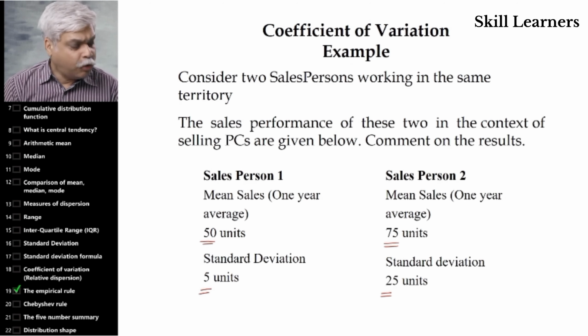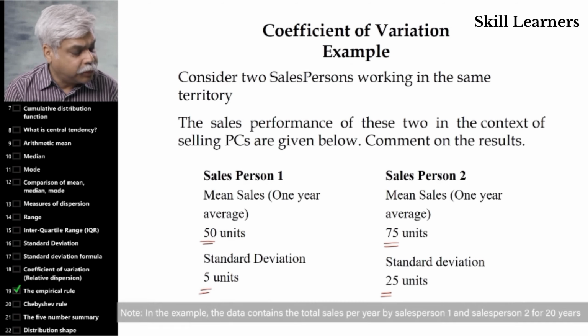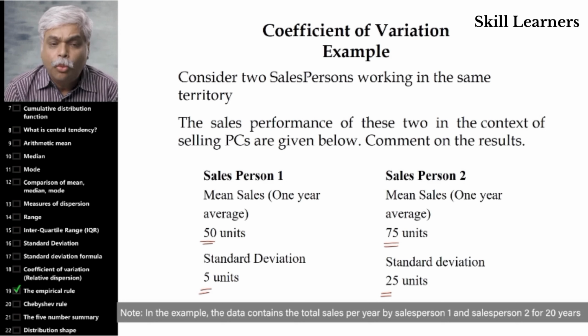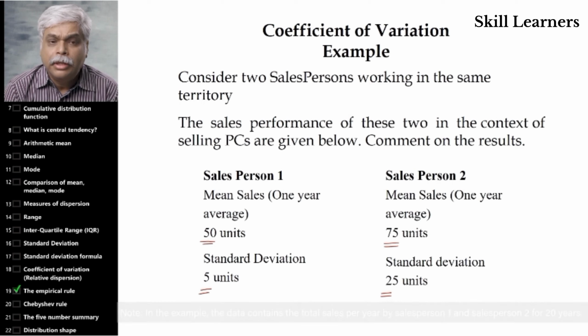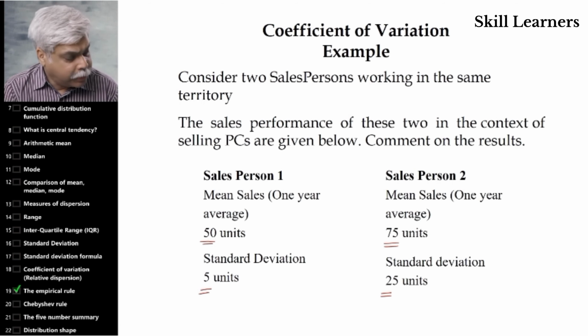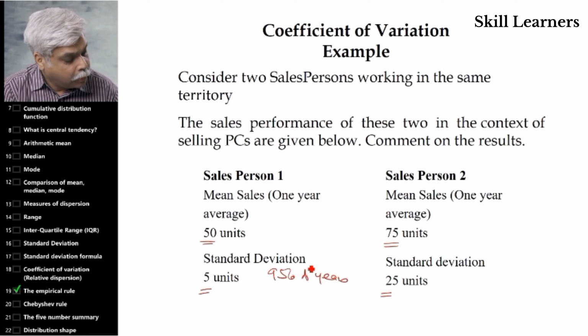So, if I go back to salesperson 1 and salesperson 2, what did this example tell me? This example says that in 95% of the years, salesperson 1 will give me a return between 50 plus minus 2 into 5, which is 40 to 60.